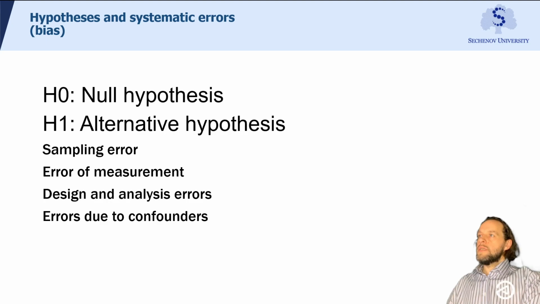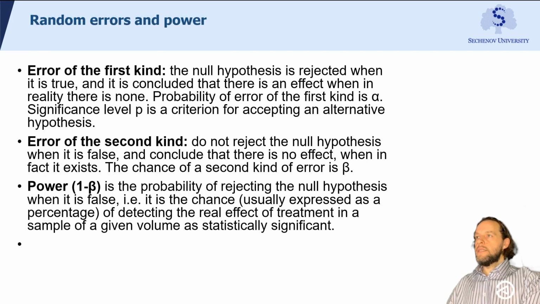When we're talking about hypotheses, there will in general be two types of hypothesis. One will be the null hypothesis and the alternative to it, and these are basic statistical terms which are used to determine errors.